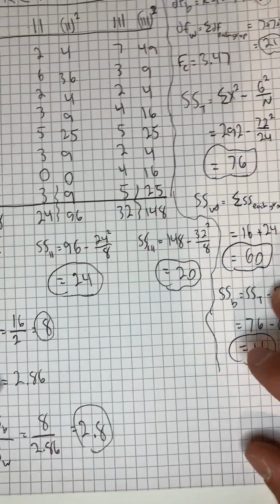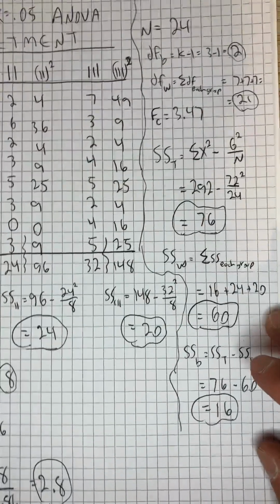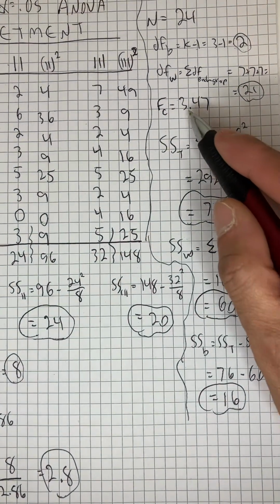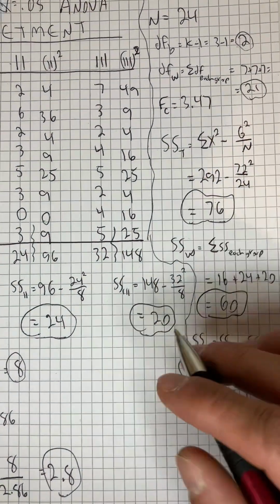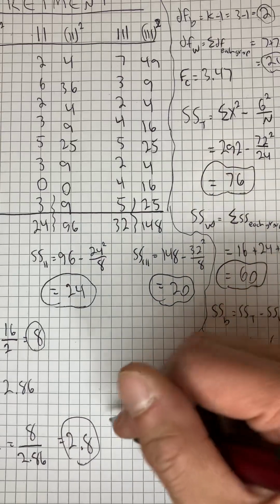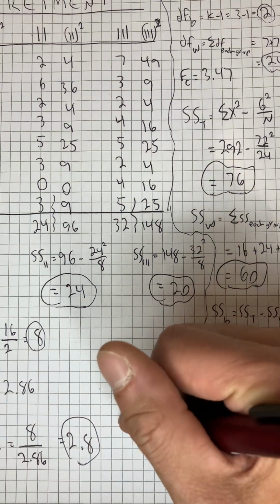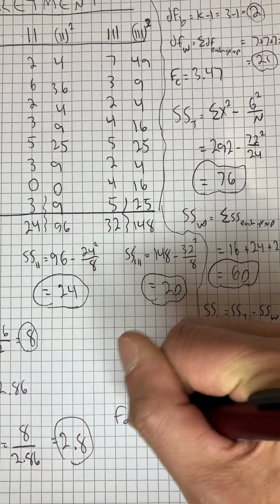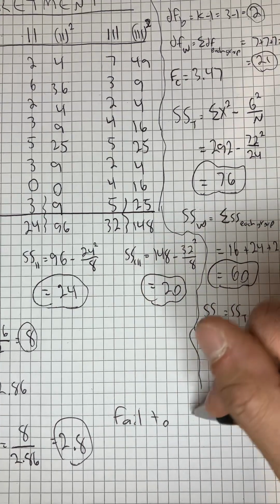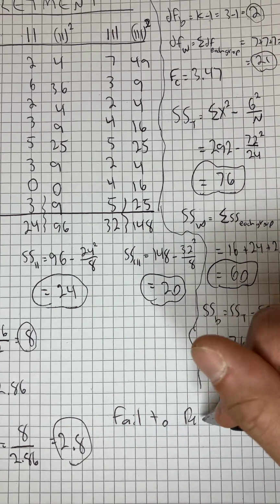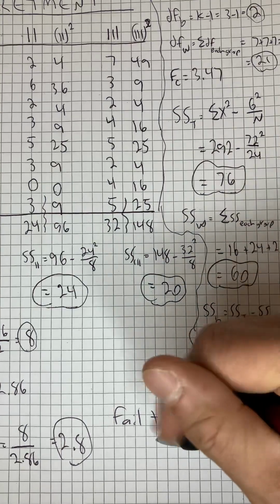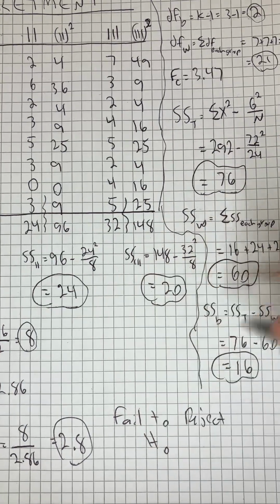Okay, so 2.8, and our F critical value was 3.47. So it doesn't go far enough. So our decision is to fail to reject the null hypothesis.